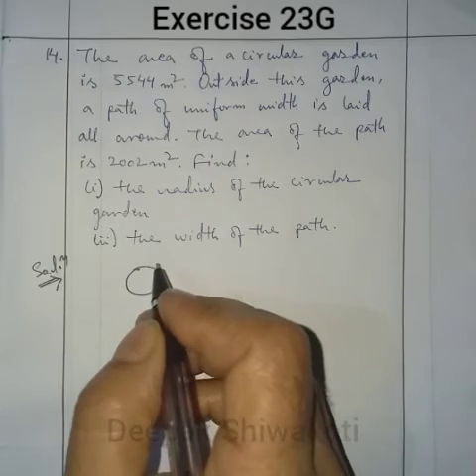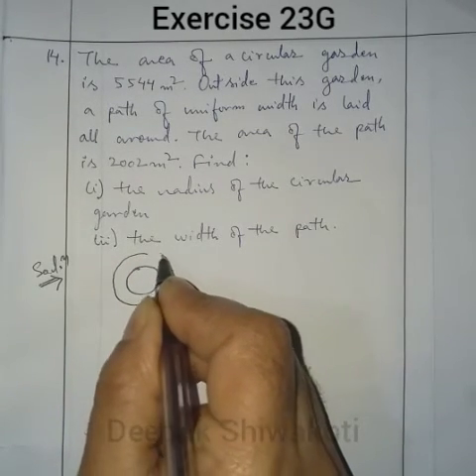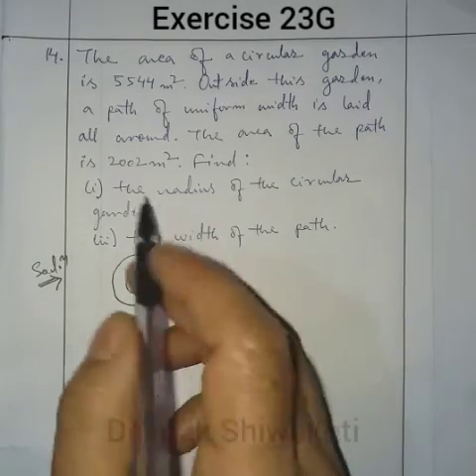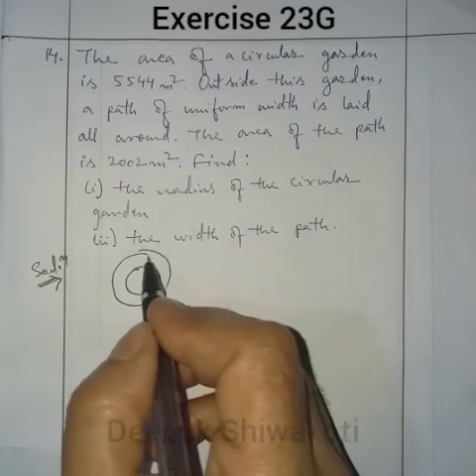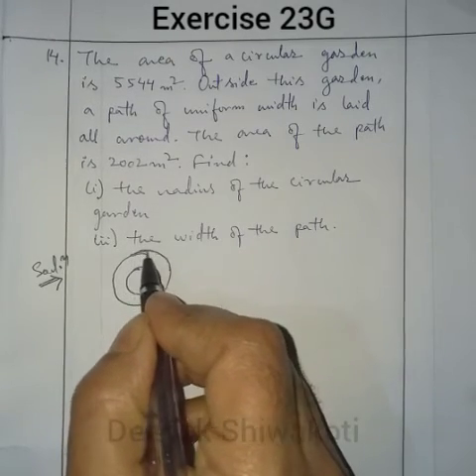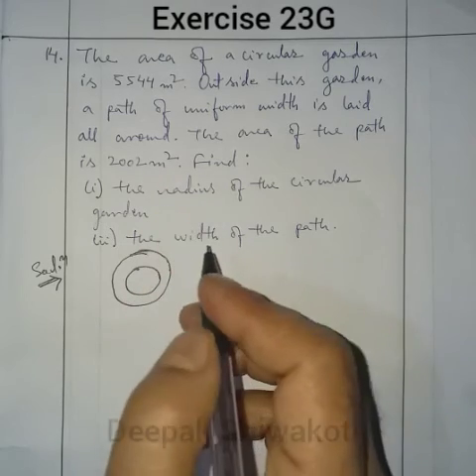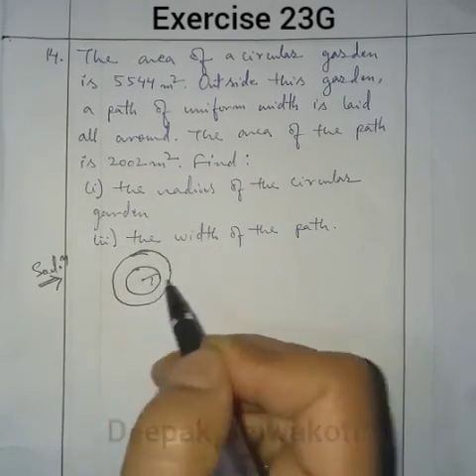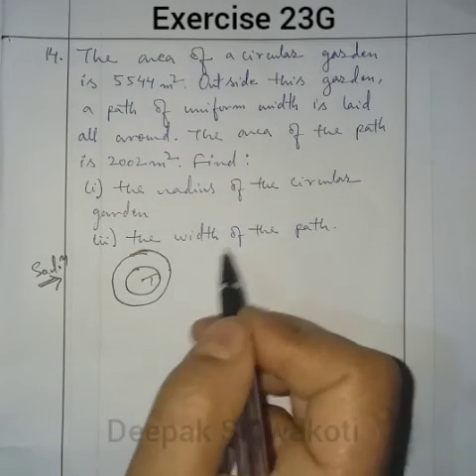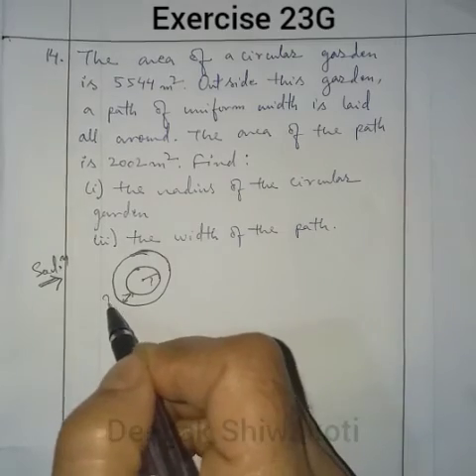Outside this garden, a uniform path is there of some width. The area of this path is also given, that is 2,002 meters square. Now we have to find the radius of the circular garden, that is small r, and also the width of the path.